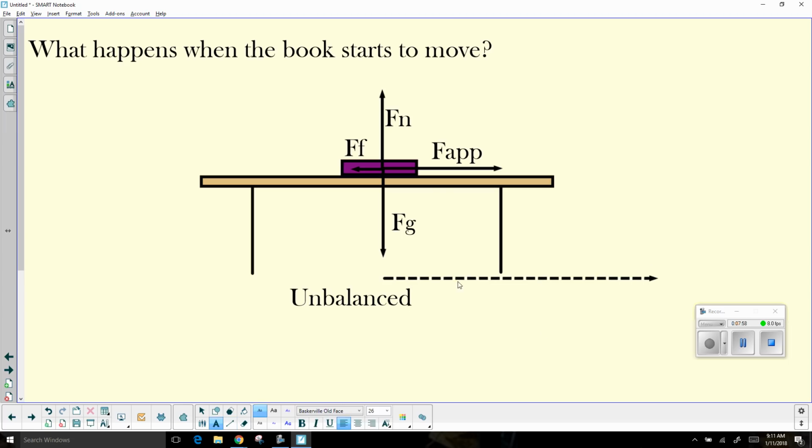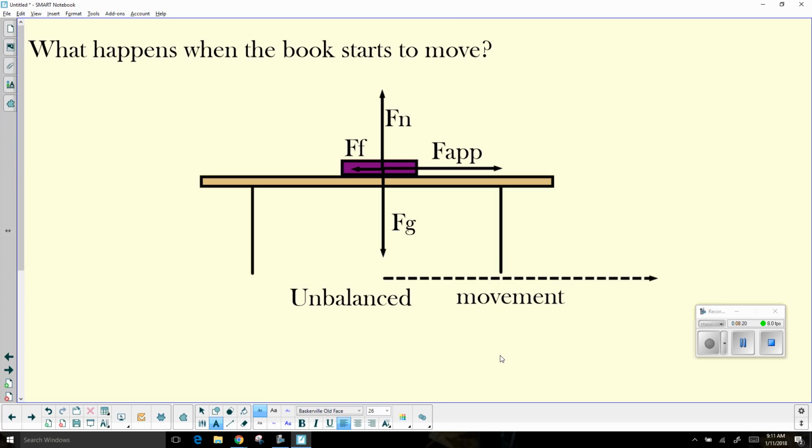So this is going to be my movement. And it's going to move in the direction that the unbalanced force is moving, which is the applied force. This is an example of Newton's first law of motion, because the object is now in motion because an external force has been applied to the book.